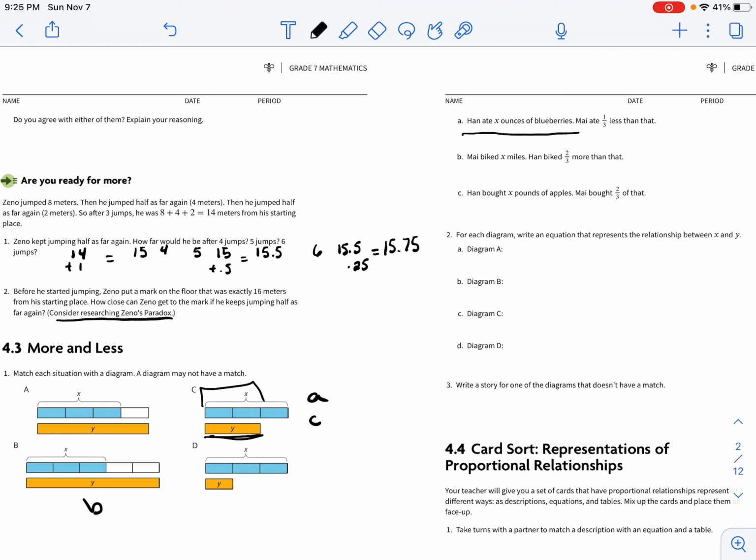Okay, next it says for each diagram, write an equation that represents the relationship between X and Y. So diagram A, this one could be Han ran 1 mile. Maya ran a third mile more.